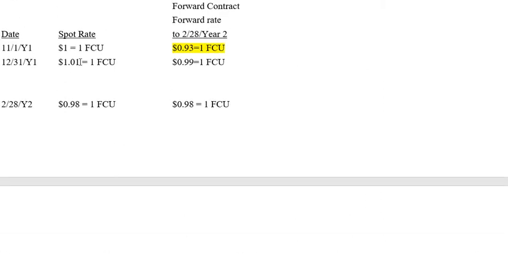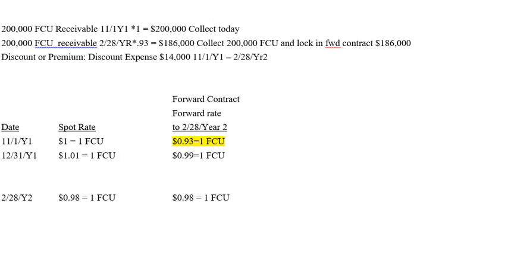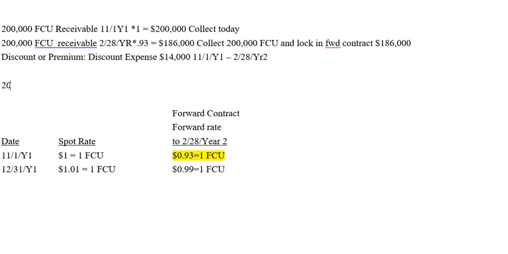So let's do that. I know this is going to be a gain, my rate went up, right? And if you want a mathematical proof, 200,000 FCU went up from 1.00 to 1.01.